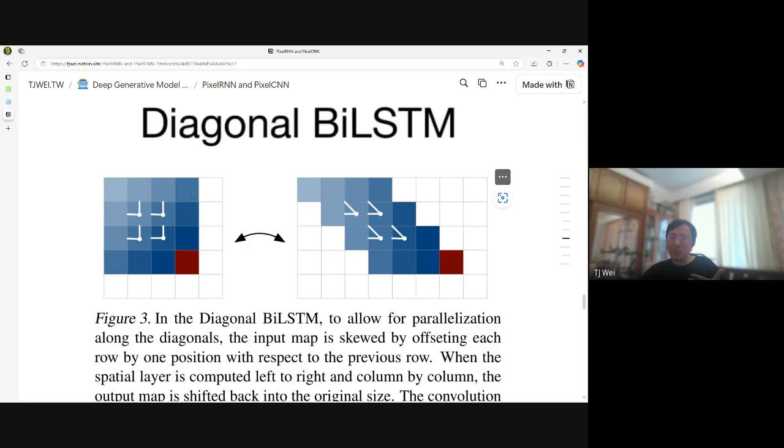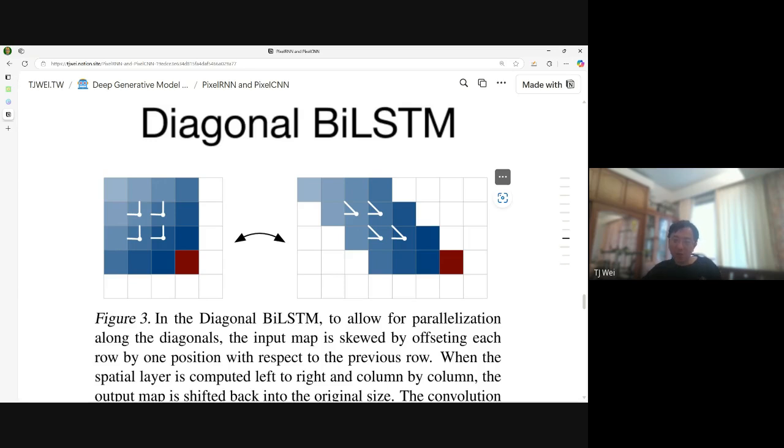So this one should not depend on this guy and this guy, just because this guy is in the upper row. If we generate row by row using BiLSTM directly, this is not what we intended. This is not a dependency that we intend to have.